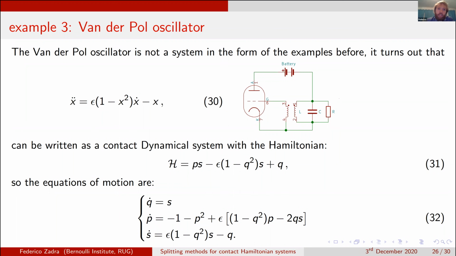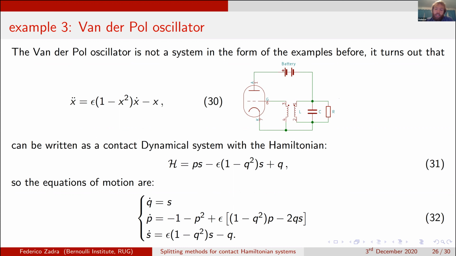The last example is the van der Pol oscillator, that is the prototype of a nonlinear oscillator, in which the nonlinearity is parameterized by the parameter epsilon. In this case we have some differences with respect to the cases before. First of all, our contact Hamiltonian is no longer in the form of a kinetic term plus a potential term plus the contact damping, but we have a sort of singular Hamiltonian since we have a sort of linearity in the momenta.